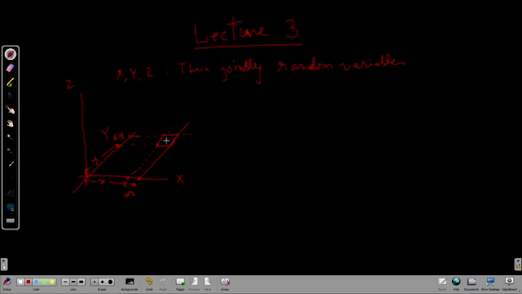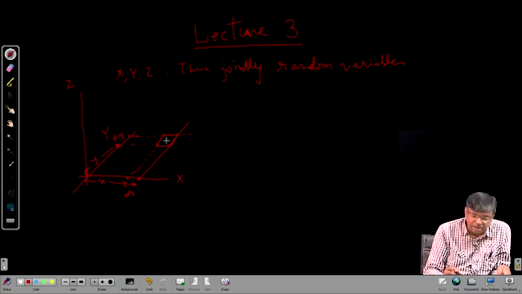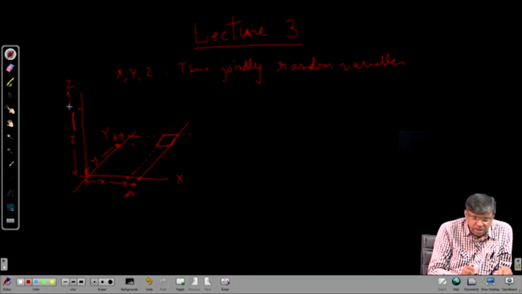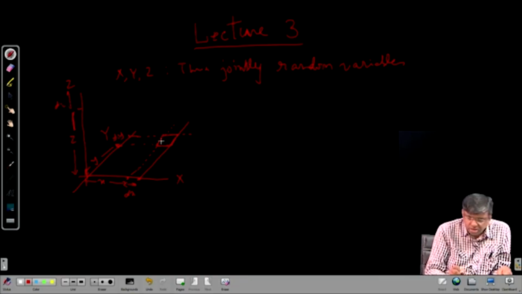We are familiar with this because we considered two random variable case last time, but now z also we take up to some value small z and then dz. So, we go up here, okay.